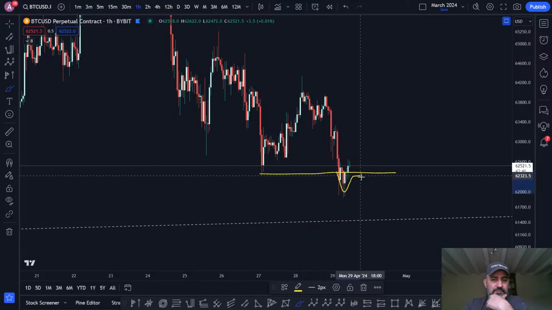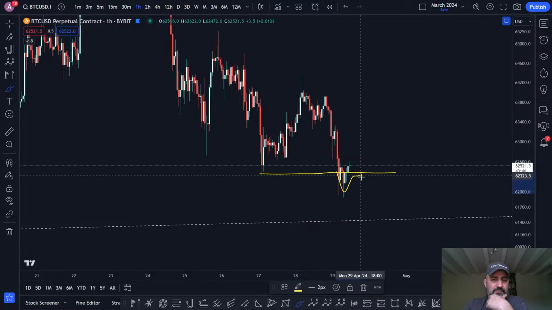But it is very possible that we squeeze all of these shorts and push right back up. It's very possible that the low of that end of that A is being put in now. And it's very possible that we squeeze right back up to try and put in a lower high there for the last leg, which would be the final C correction, sometime in the second week of May.